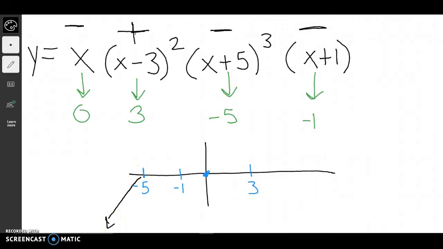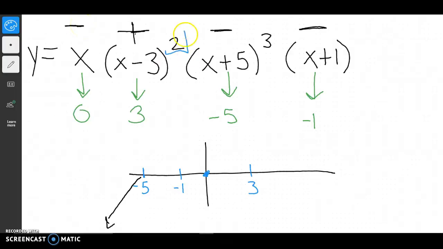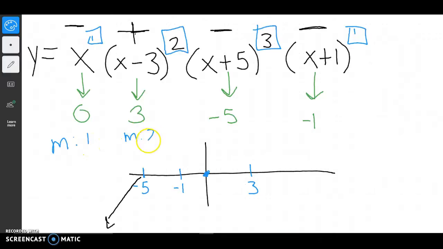Now here's how the shortcuts work. These things all have degrees. Even if they're not listed, they still have degrees, and those degrees are just 1. We call that its multiplicity. So the multiplicity of this is 1, the multiplicity of this is 2, the multiplicity of this is 3, and the multiplicity of this is 1.